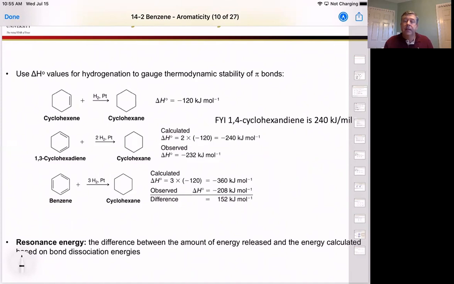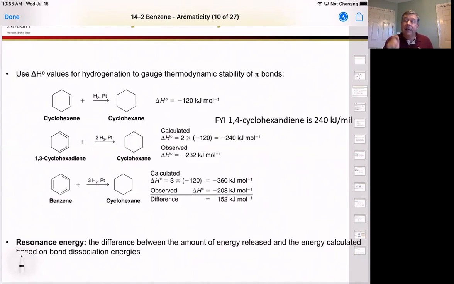Okay, so what that's saying is that one double bond in a cyclohexene configuration will release that much energy. So if we add a second double bond, in theory, it should be twice as much energy released. And so it should be about 240 kilojoules per mole. But what we observe is actually 232 kilojoules per mole. Now, in this 1,3-cyclohexadiene, they are conjugated.